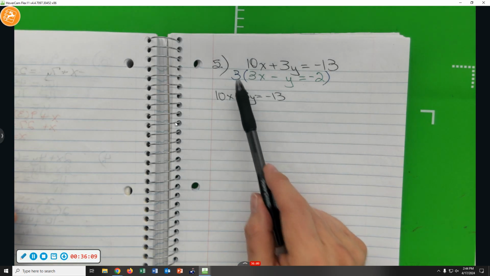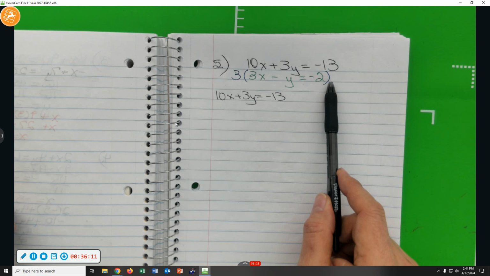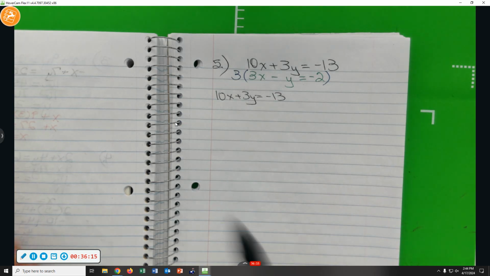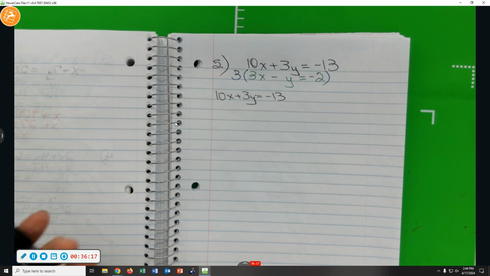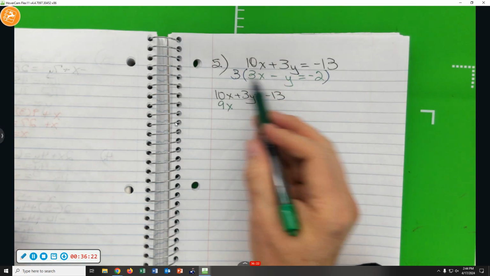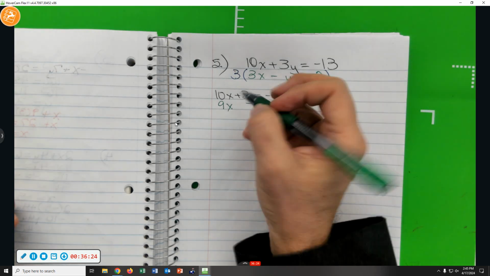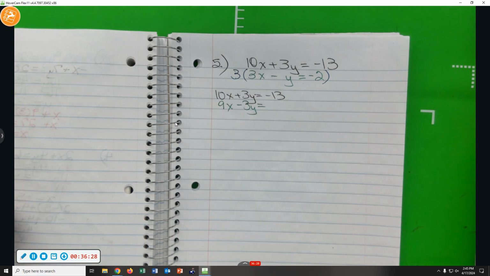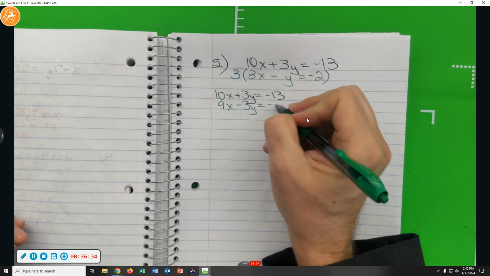So it's perfectly fine to multiply by 3. Realize you're going to have to distribute it. That gives a 9x, 3 times a negative y gives us a minus 3y equals, on the right-hand side, negative 6.